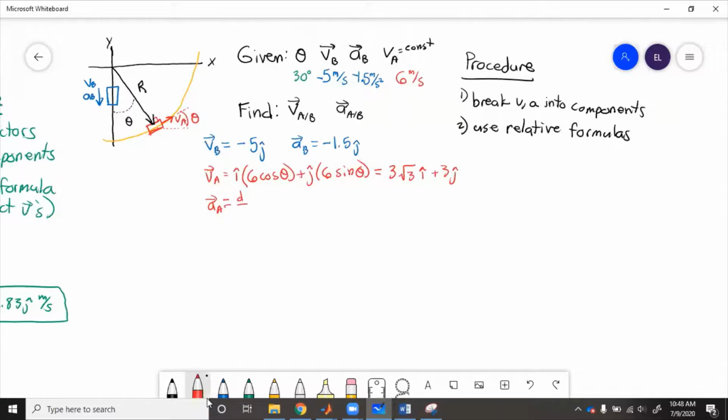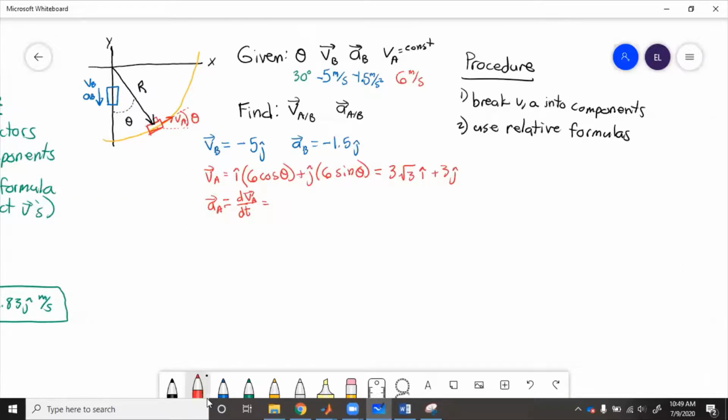So that is dv dt. Taking the derivative of this, the 6 is a constant, but theta is changing because A is going around this curve.